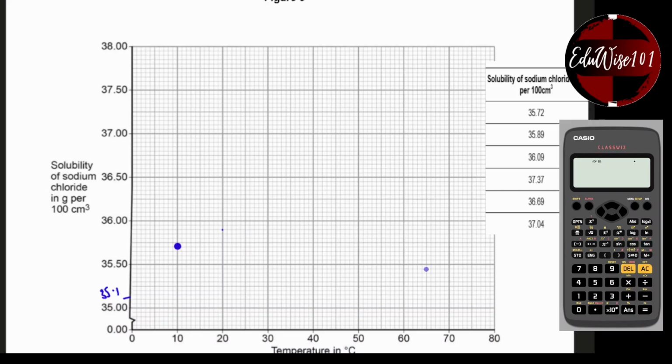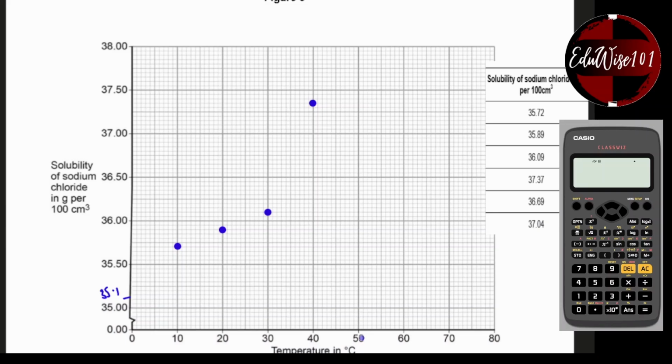And 35.89 at 20 degrees should be nearly 35.9. At 30 degrees it is 36.09, so that's over there. At 40 degrees, it's 37.37, that's nearly there.